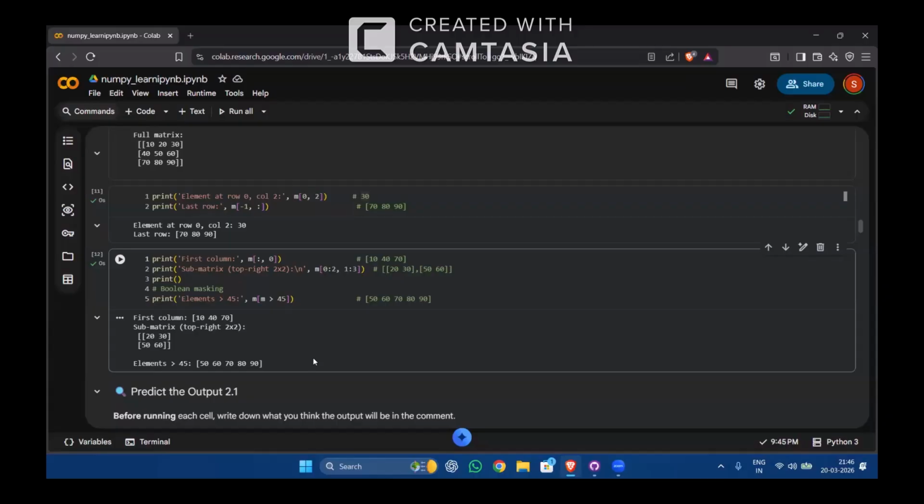And 0 colon 2, 1 colon 3. What does that mean? From the starting row to the row before 2, and columns from 1 to the column before 3. So on executing, you can see the output.